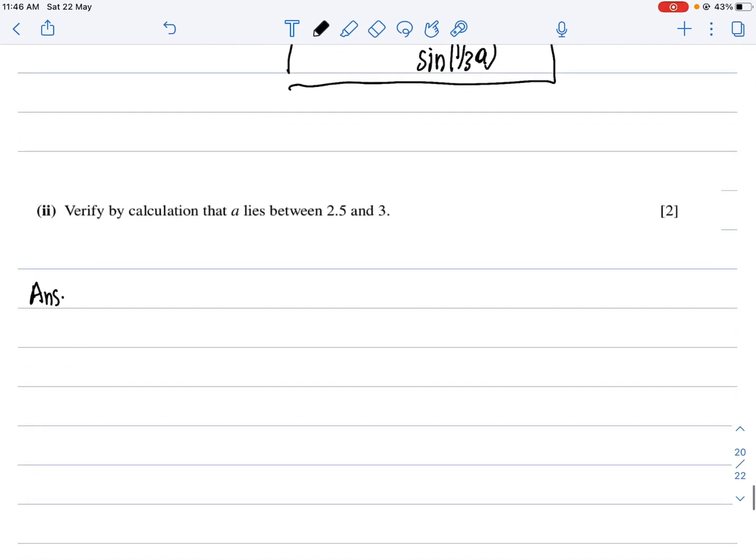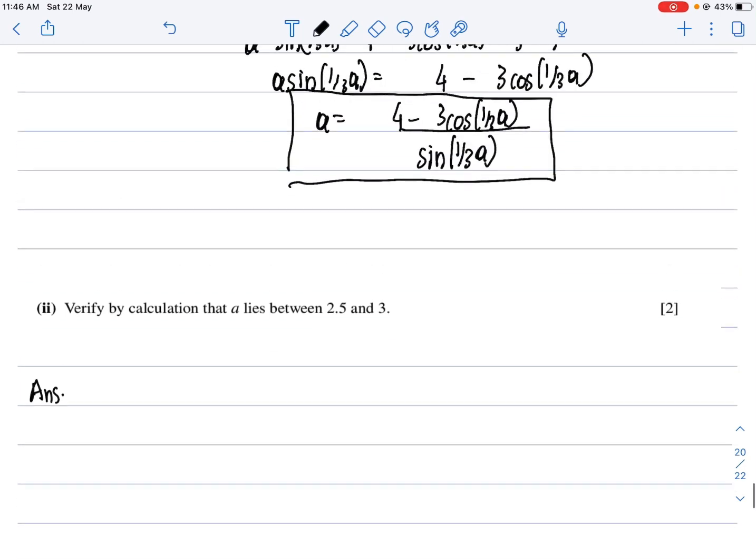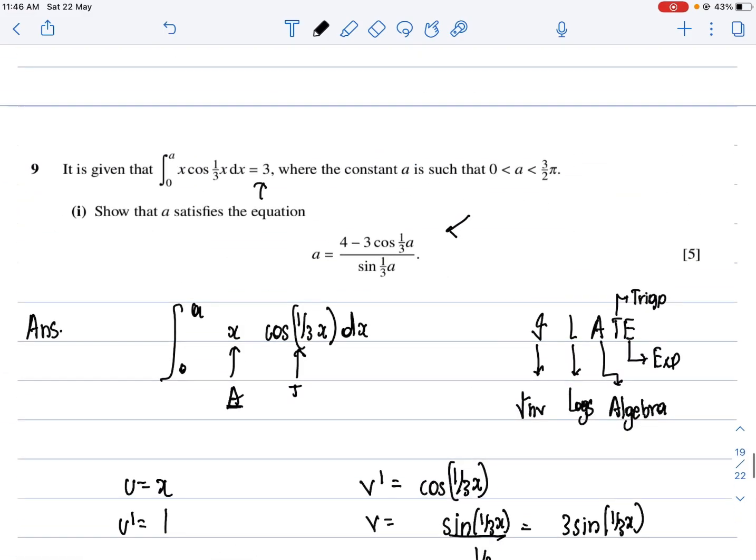Now, verify by calculation that a lies between 2.5 and 3. First write this equation as a minus 4 minus 3 cos 1 over 3a over sine 1 over 3a. Don't write equal to 0, it doesn't matter.